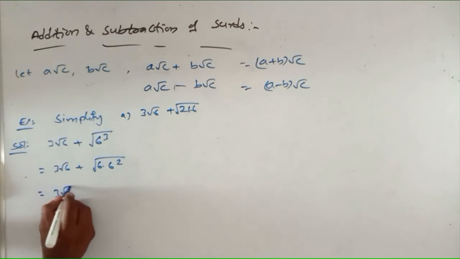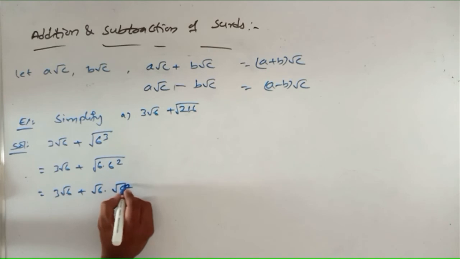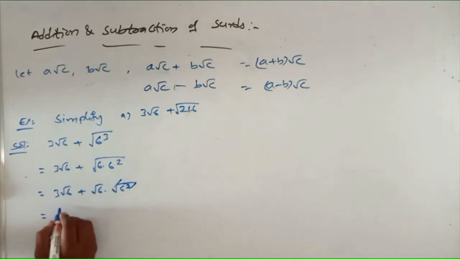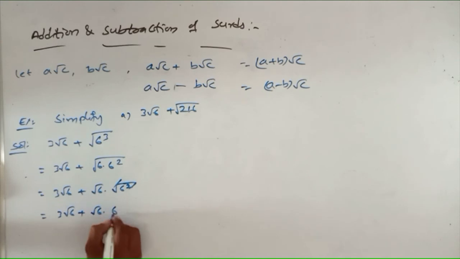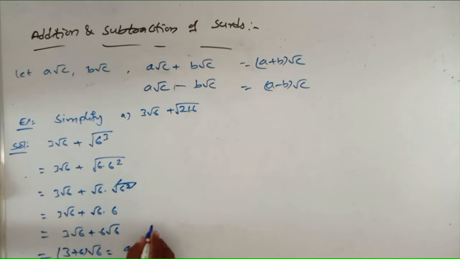So that is 3 root 6 plus root 6 into root 6 square. Square root cancel, that's equal to 3 root 6 plus root 6 into 6, that's equal to 3 root 6 plus 6 root 6. Now root 6 is common, 3 plus 6 is 9, so 9 root 6 is the answer.